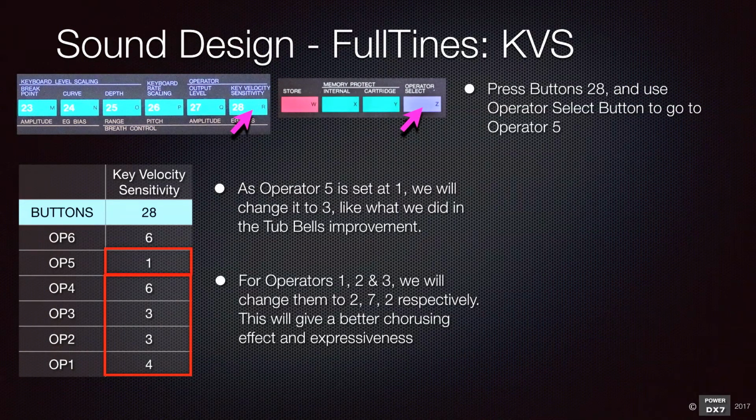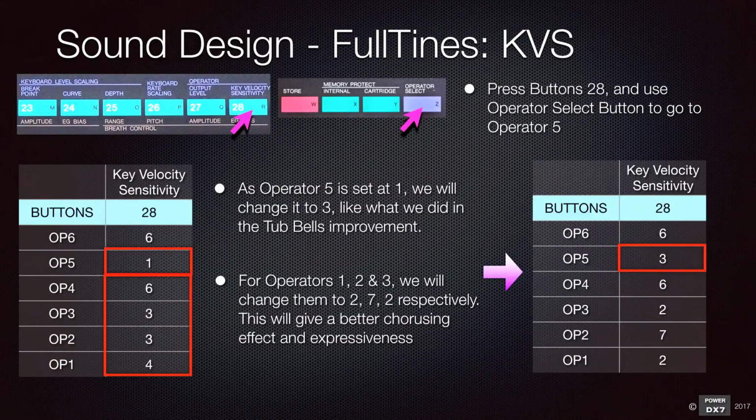For operators 1, 2, 3, we will change them to 2, 7, 2. This will give a better chorusing effect and expressiveness. Let's hear the sound by turning on all operators.